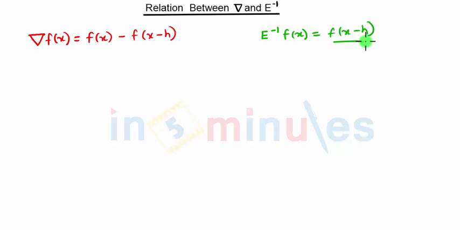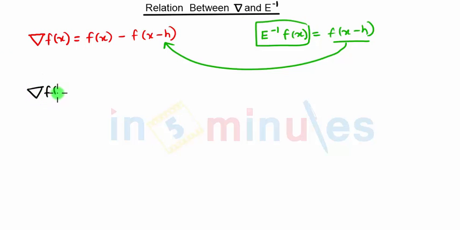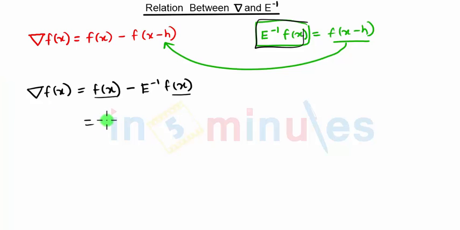So from this equation, we can put f of x minus h here as e inverse of f of x. So we get inverted delta of f of x is equal to f of x minus this term, that is e inverse of f of x. So from these two terms, we can take f of x common. We will get f of x times 1 minus e inverse, and here we have inverted delta of f of x.